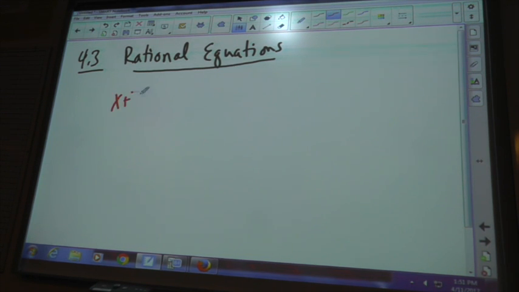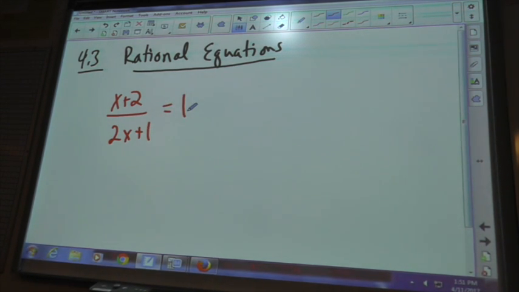So x plus 2 over 2x plus 1 equals 0. Now, what do you do when you have fractions? Give up. You multiply by the reciprocal, the conjugate. No, you don't need to conjugate here.